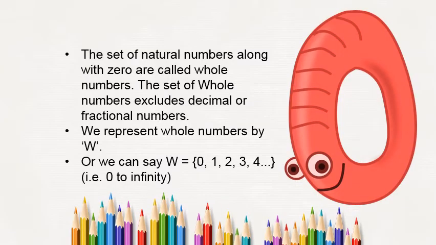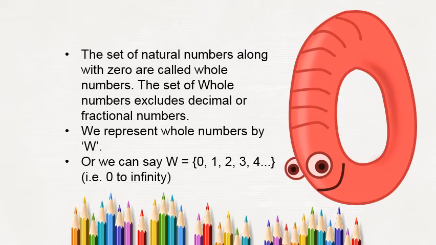So now we are going on. The set of natural numbers along with 0 are called whole numbers. The set of whole numbers excludes decimal or fractional numbers. So it is only 0, 1, 2 up until infinity.